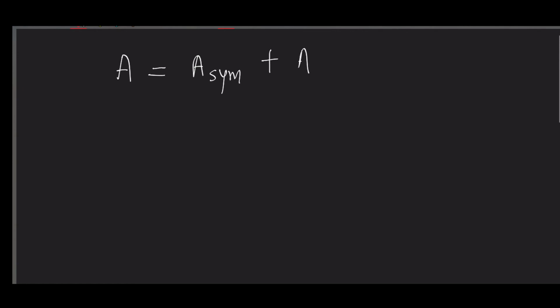As you know, any square matrix, you must understand this, any square matrix A can be represented as A symmetric plus A skew symmetric. What is a symmetric matrix? I hope you know. A skew symmetric matrix example is this.